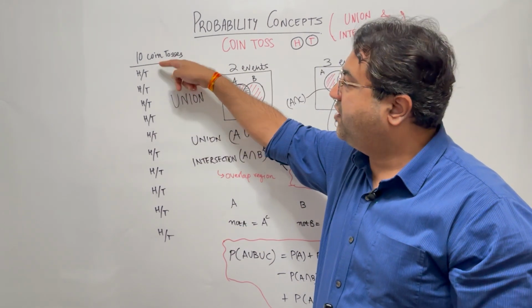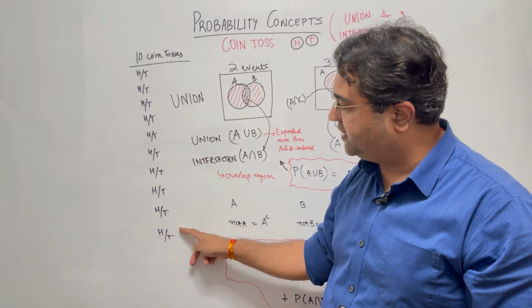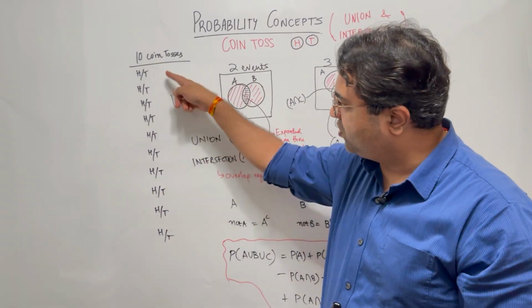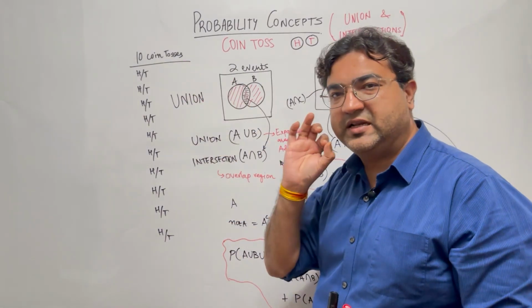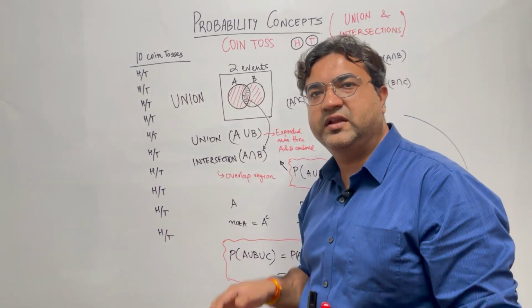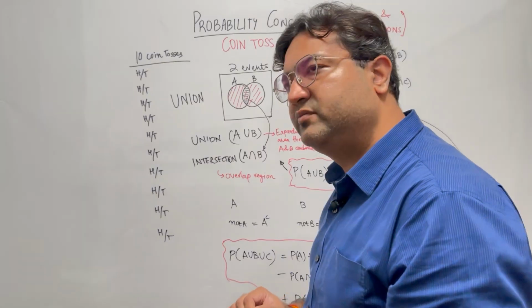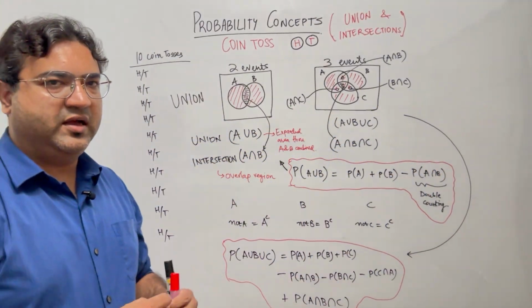Then we get two heads and all the others are tails, and so on. Then we do three heads, because it's an at least, right? So we do 3, then 4, then 5, then 6, then 7, then 8, then 9, then 10. So that will take a hell of a lot of time.